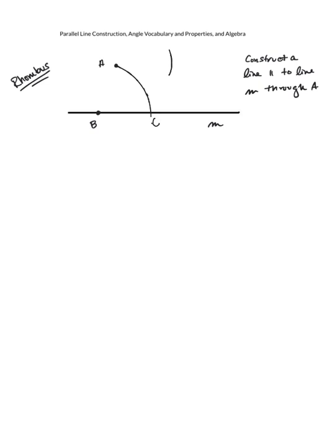So your goal here is to get these two arcs to intersect, the arc from A and the arc from C. Now once you get that intersection, I will call that intersection D, let's say. Then you draw a straight line from A through D, and we'll call this line N. And so these two lines will be parallel.